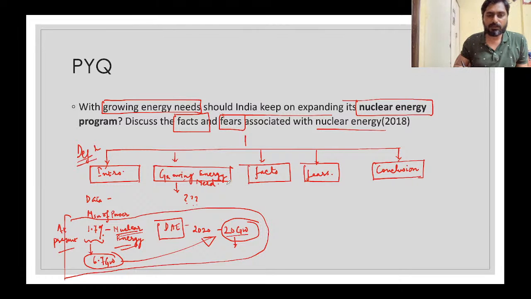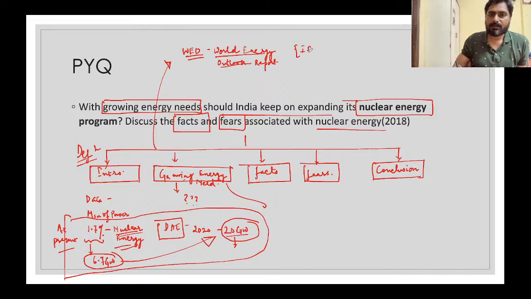So here you can again use reports. In this part, you can use the World Energy Outlook report. The World Energy Outlook report is released by the International Energy Agency.